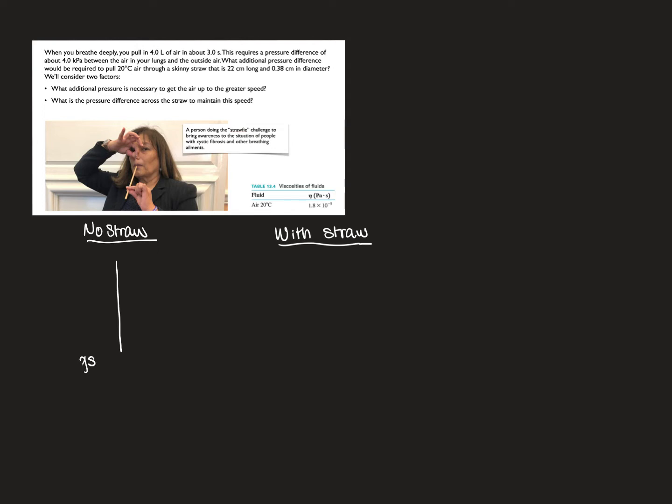This side is outside. This side is the lungs. Same with this side, except now we have a straw. So we have the outside, and then we have the lungs.